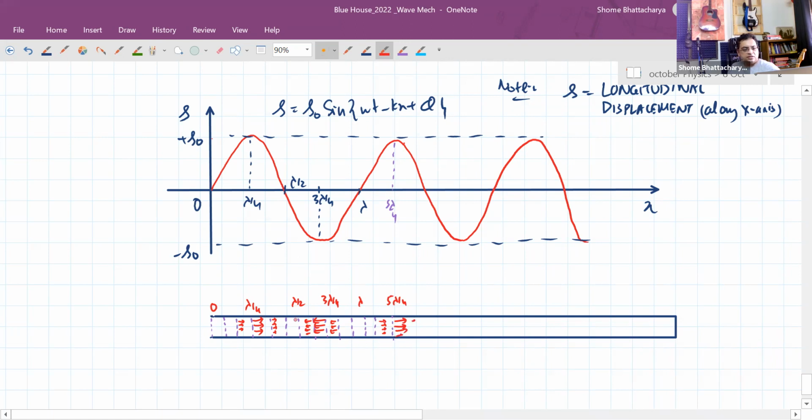So you can see that this region here is having a compression. Okay. Whereas this region here is having a rarefaction. Likewise, now again this region will have a compression. This region will have a rarefaction.